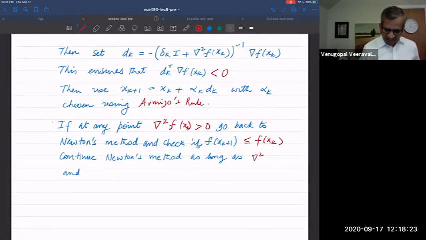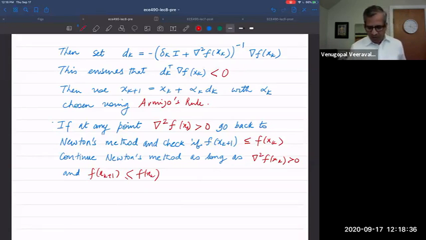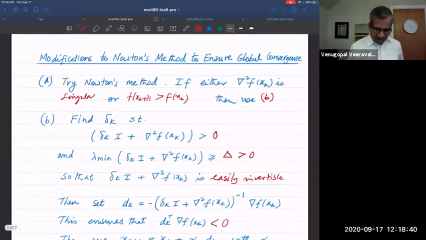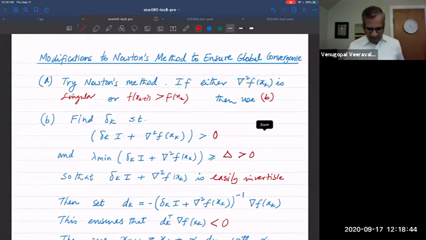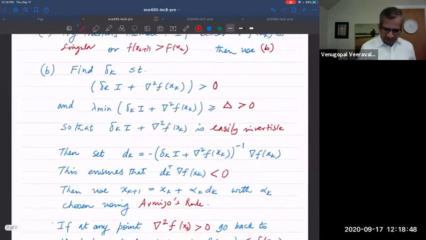As soon as one of these conditions stops holding, you go back to B and modify your Hessian to make it invertible, and then apply Armijo's rule.